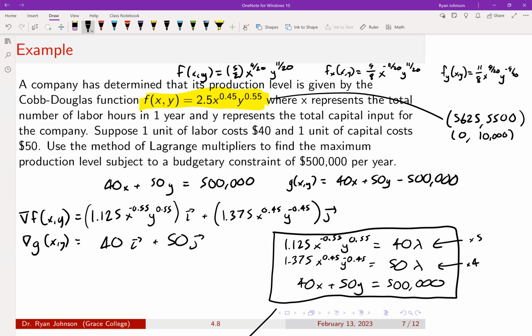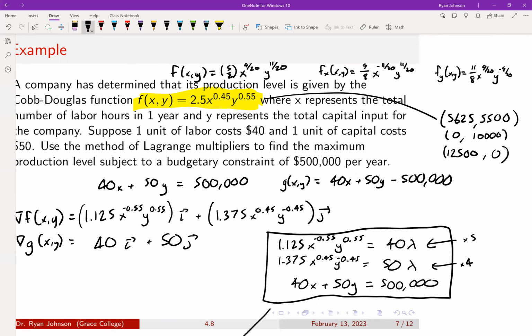And then similarly, if y is 0, then 12,500. Yeah, the comma makes it confusing. 10,000. Okay.